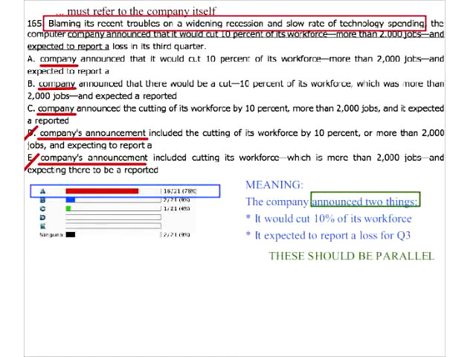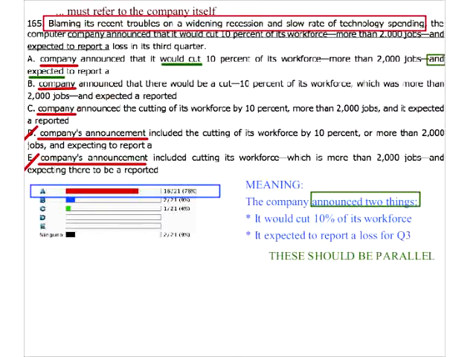So if you have choice A, here's your and. You've got two verbs: would cut, and expected to report. Verb, verb. Those are parallel.